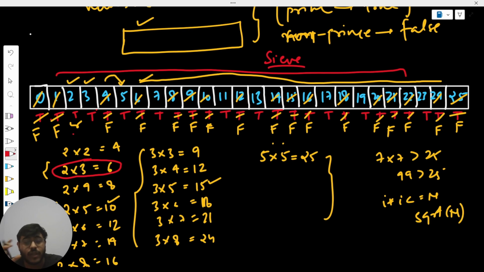It might be possible कि आप बहुत सारे क्वेश्चंस में आपको सीव यूज करना पड़ेगा whenever we are talking about a prime in a range, or when you are dealing with factors in a number, then where we have to check prime or not, in most cases you will be requiring sieve, क्योंकि sieve से हम लोग प्री प्रोसेसिंग कर लेते हैं. अगर आप हर एक नंबर को बार बार प्राइम चेक करोगे तो उसमें स्क्वायर रूट टाइम जाता है. So what do we do generally in questions is we pre process all the primes from 1 to n पहले से ही.